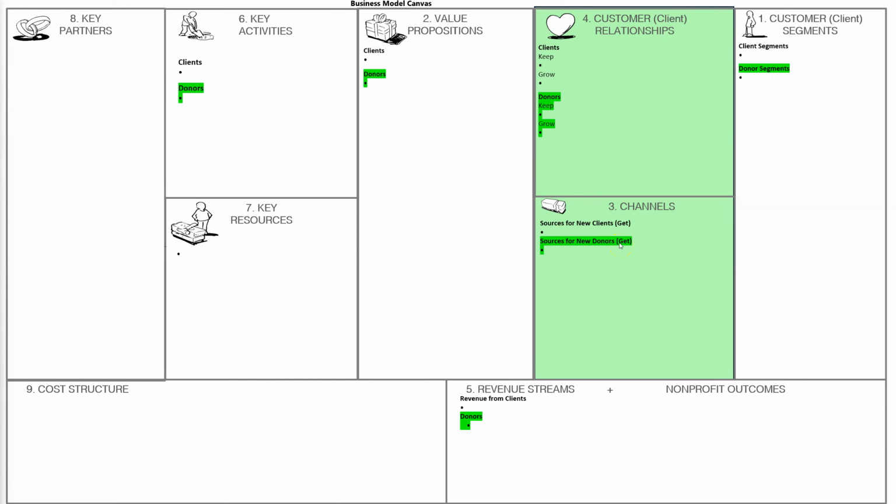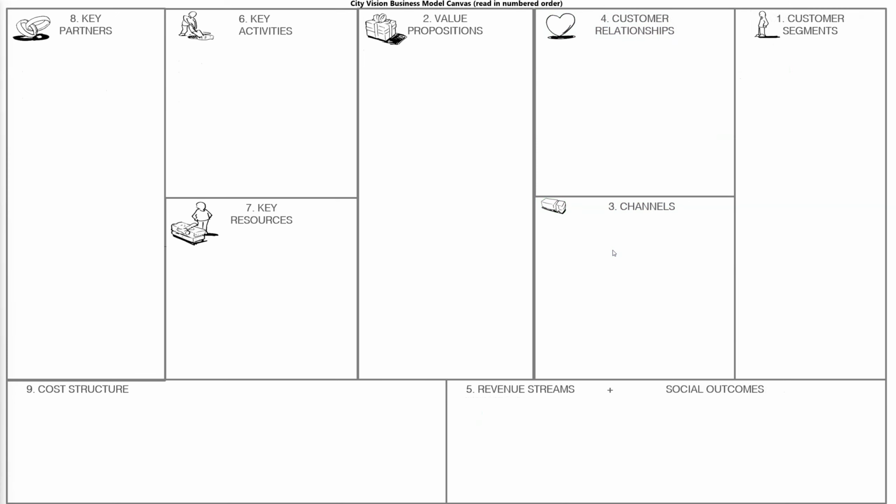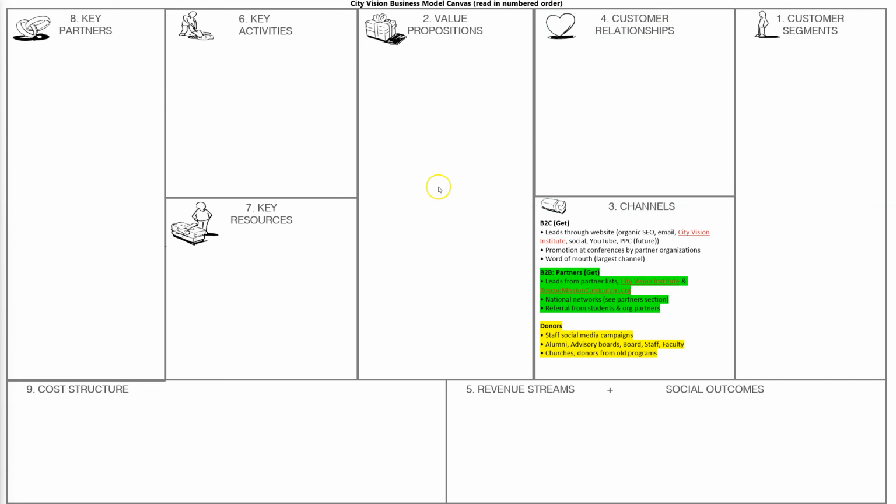You'll see in here, we've put the words keep, grow, and get. I'll talk a little bit more about what that might look like using City Vision as an example. This is City Vision's business model canvas. As I mentioned, we have 3 main segments that we have to think about.